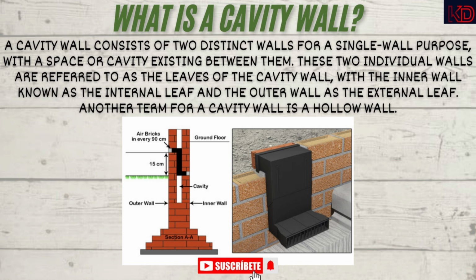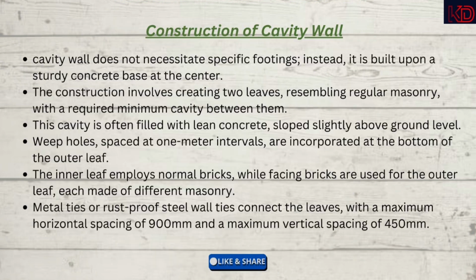So we are going to discuss the construction of a cavity wall. How are we going to construct it, and what are the things required while constructing it? Basically, it will not require you to create any specific footings, because normally for creating a wall we first put the footings, then we rest the columns, then there will be a beam and a slab.